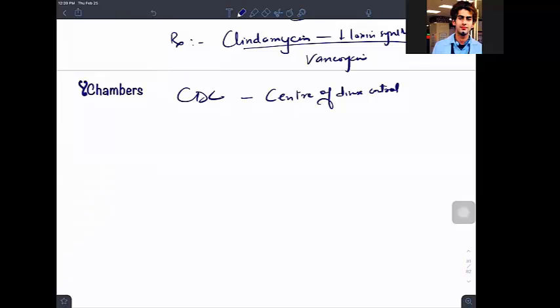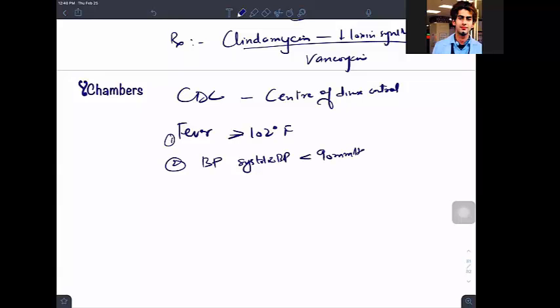So what was the criteria? They said if the fever was greater than 102 degrees Fahrenheit. Second criteria, the systolic blood pressure was less than 90 mmHg. And if you see a rash, they describe it specifically as a maculopapular rash.